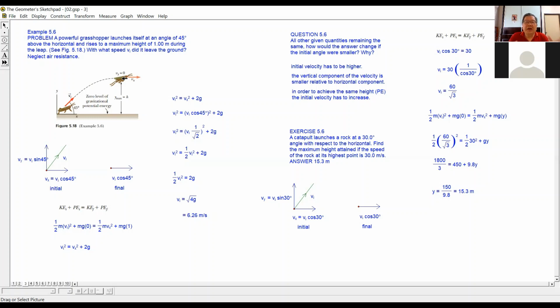So we are going to make use of this fact to calculate the velocity. So how to do it, right? We are going to look at the vertical component only. The horizontal component of the velocity will not change, right? So we look at the first diagram here.